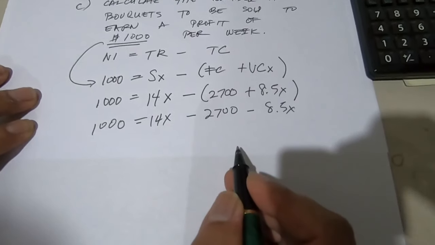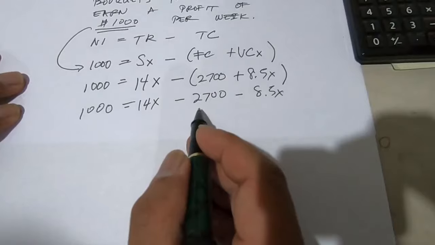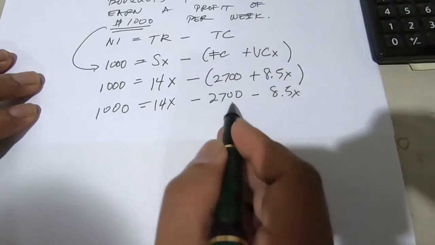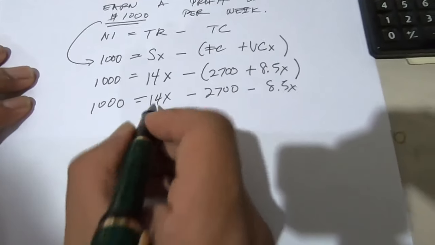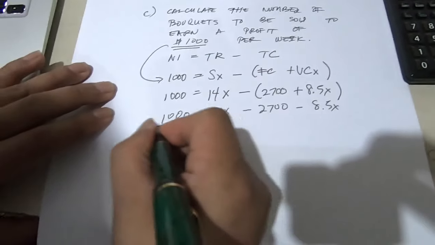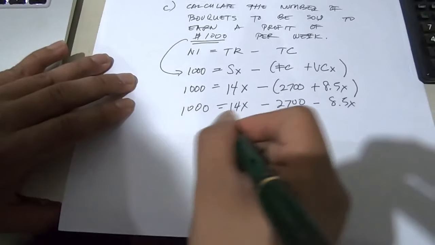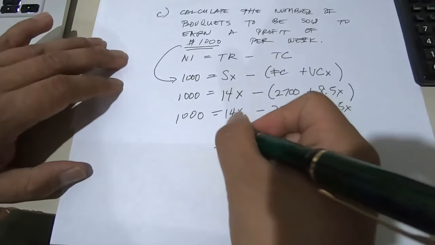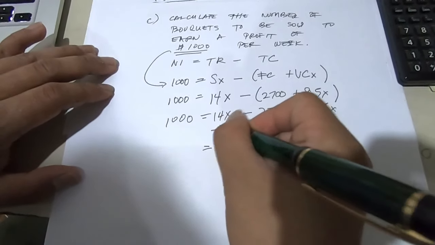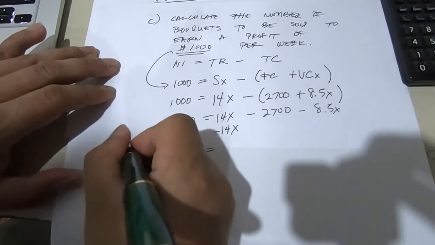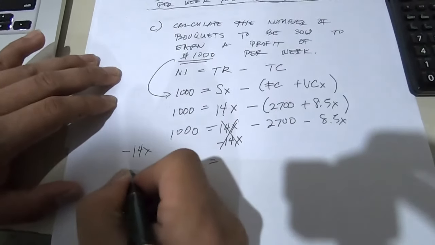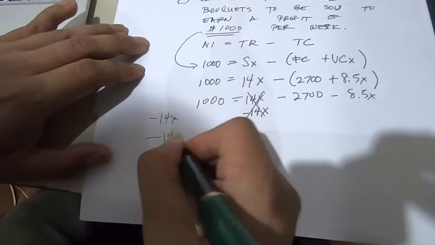Okay, now continue to simplify. We need to put all the x's to one side and all the constants or numbers to the other side, right? So we get 14x to bring it to the other side here. If it goes to the other side of the equation, that means we subtract 14x from both sides, right? This cancels out. This goes down, negative 14x.